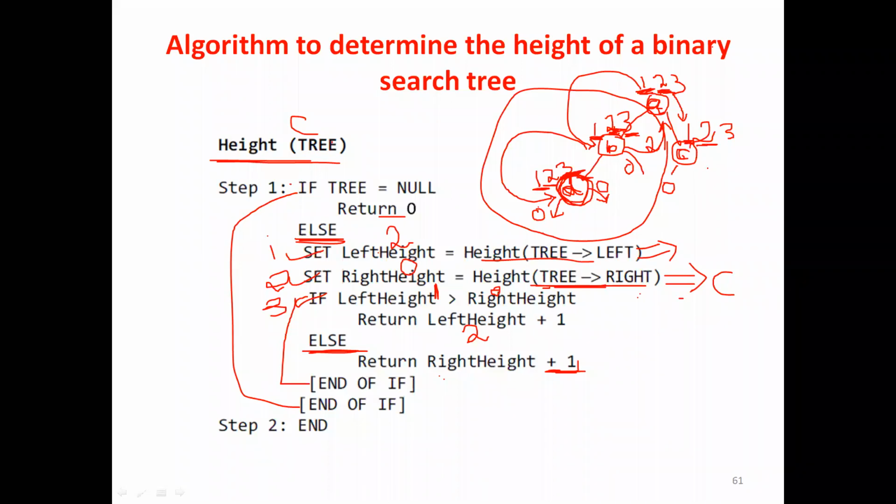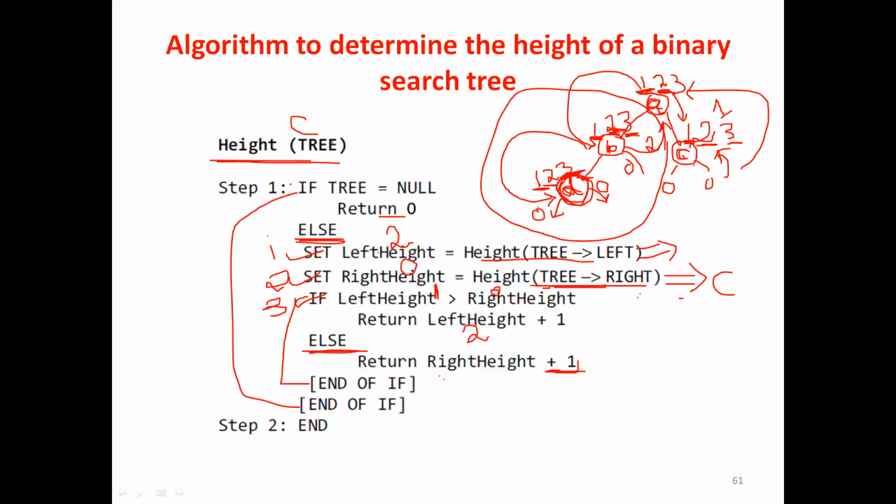Step 2 is executed, it returns 0. After executing step 3, it returns 0 plus 1, what? 1. So it is 1.